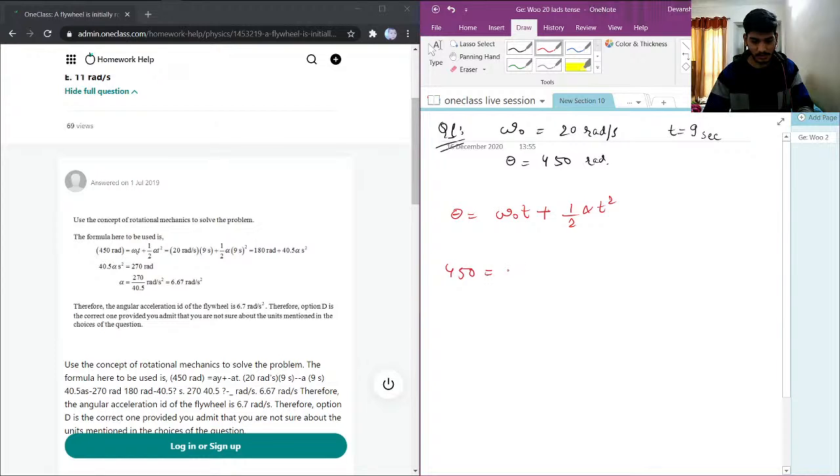We'll just substitute the values. Half alpha t squared, this will be 450 minus 20 into 9, which is 180, equals half alpha times 81.